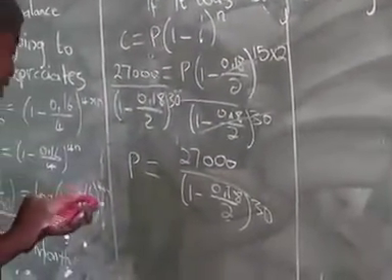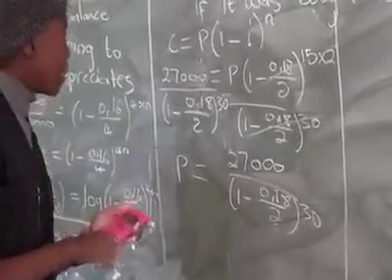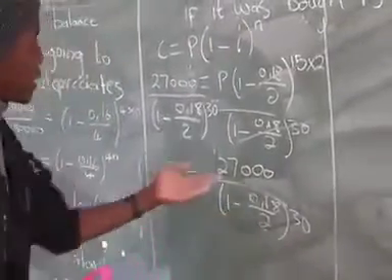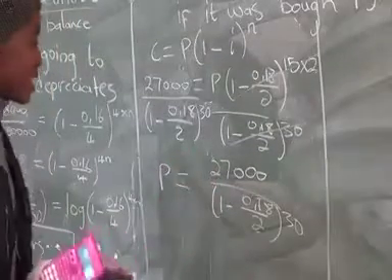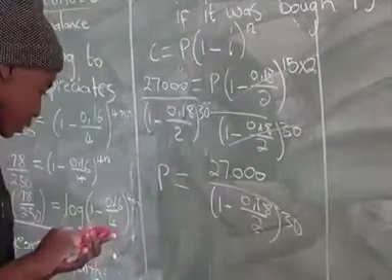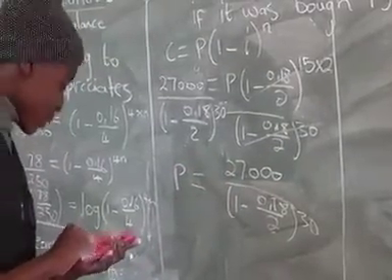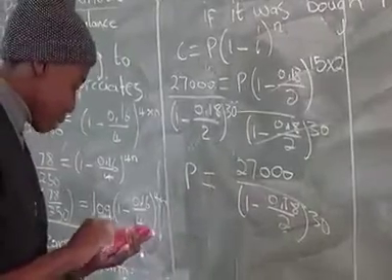So you must check if your answer makes sense, because some people answer with less than this. You must check that the answer you are getting makes sense. That's some of the things that you must check when writing your final answers.